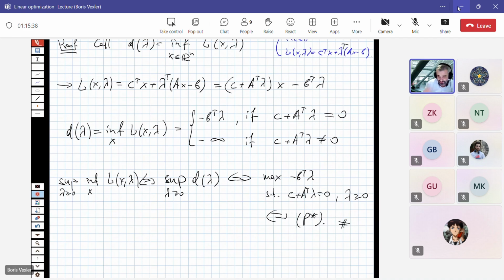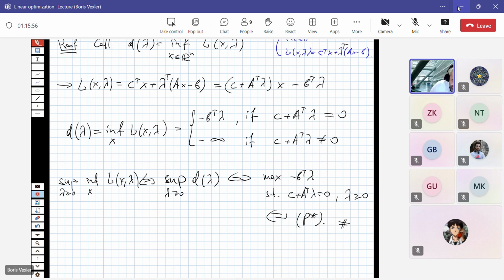Now we have formally these two problems, P and P star, and now we will study the relation between them.